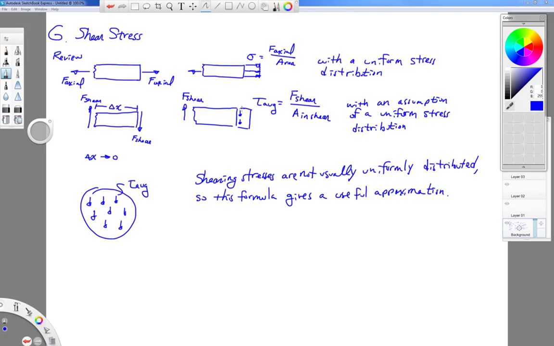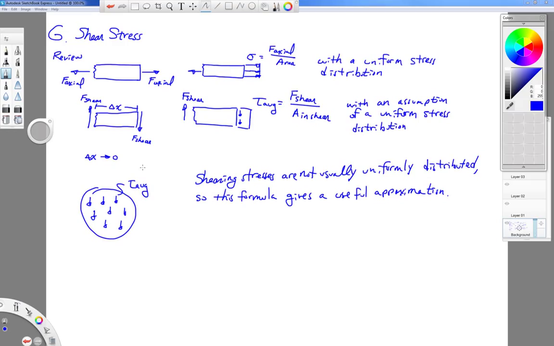Because the force is pointing downward, the distribution shows a downward directed shearing stress, but with the same level of stress everywhere. So it's still the assumption of a uniform stress distribution. If we were to look at the end view of a round bar, there's my attempt at a circle, we have stresses on this cross section, all of the same value. So again, an average shearing stress calculation.